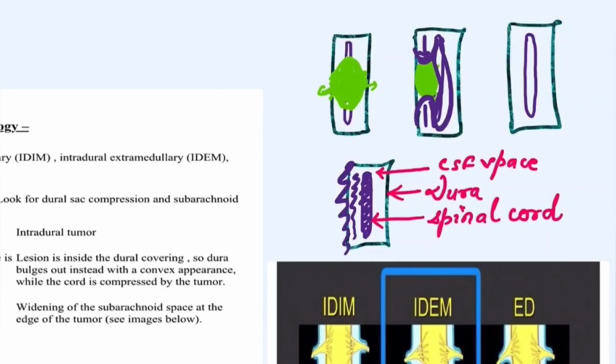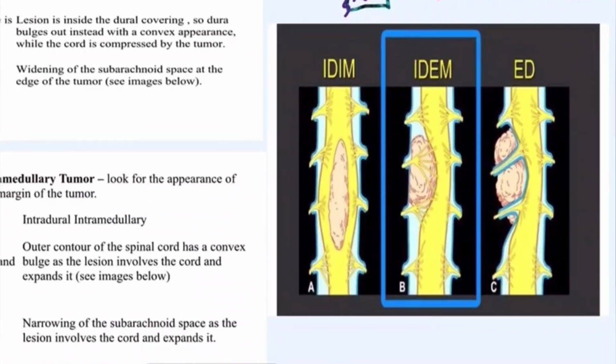The third type of tumor is the epidural tumors, the extradural or epidural. This is coming from outside. This is causing compression over the dura and the spinal cord, and the CSF space is obliterated.